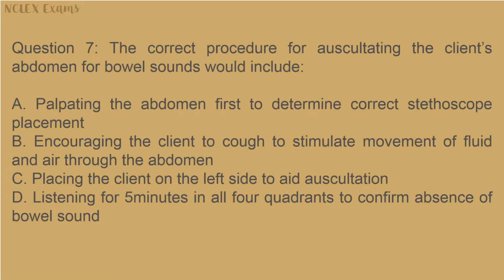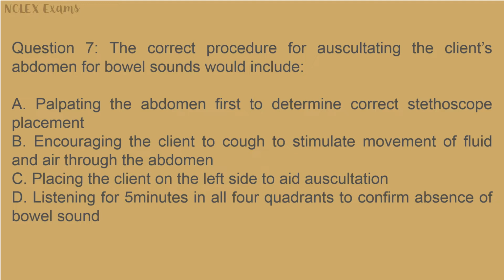Question 7. The correct procedure for auscultating the client's abdomen for bowel sounds would include: A. palpating the abdomen first to determine correct stethoscope placement. B. encouraging the client to cough to stimulate movement of fluid and air through the abdomen. C. placing the client on the left side to aid auscultation.